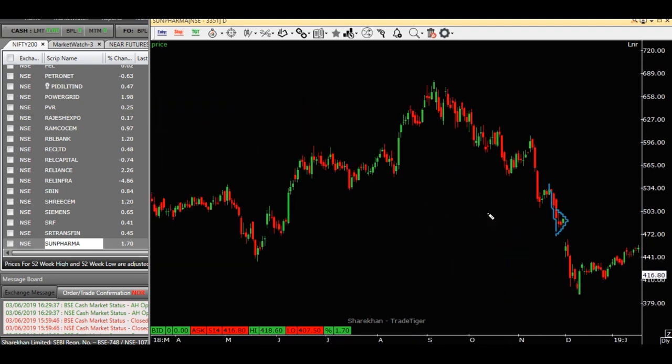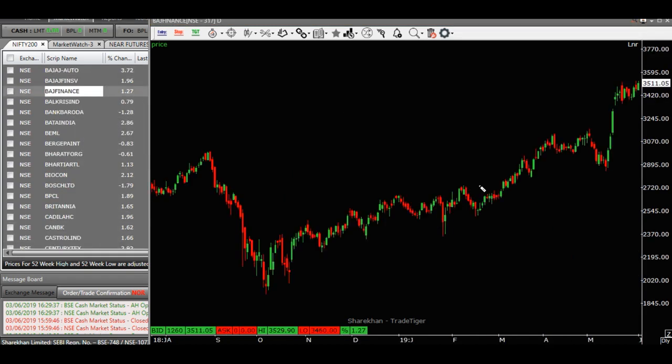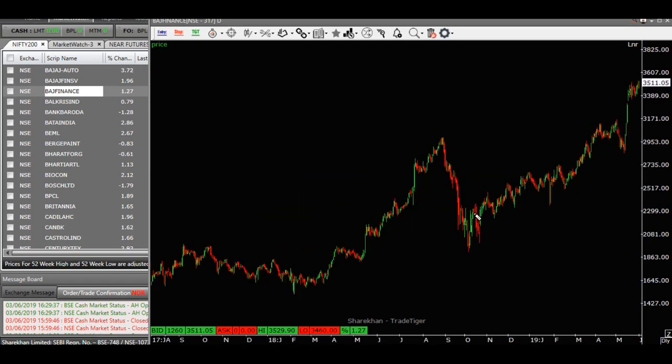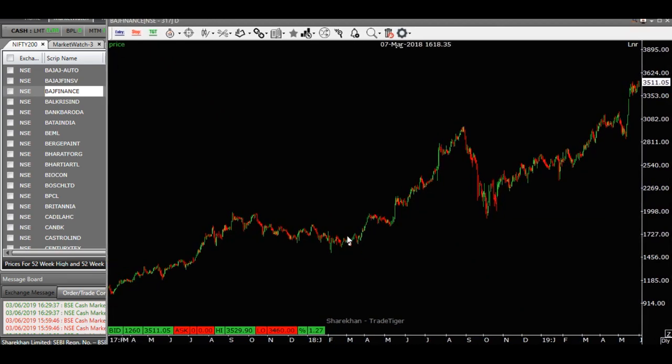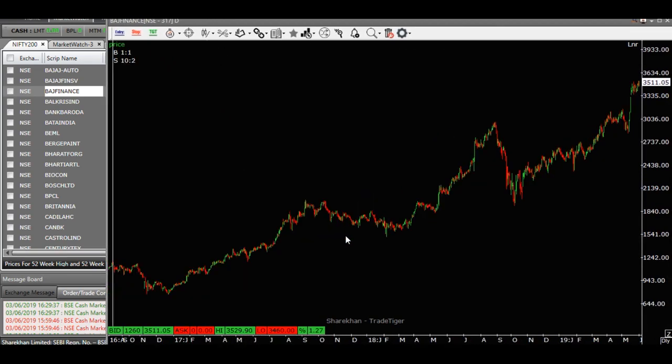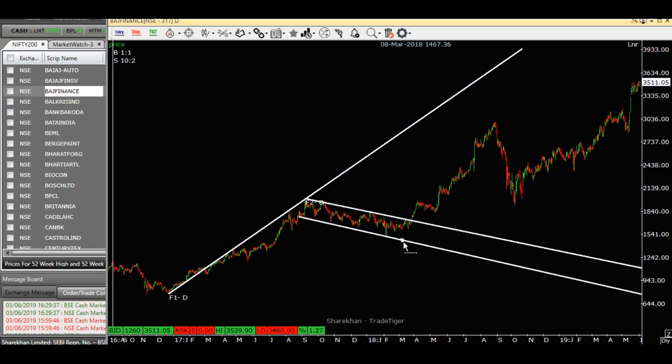Okay, let's look at some bullish examples. So I can open the chart of Bajaj Finance. I can see one very large, very big flag here. See this nice impulsive, one-sided move up.